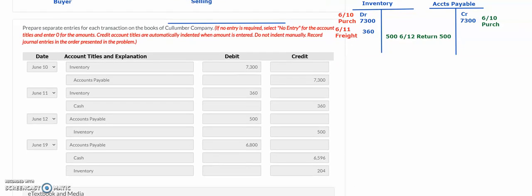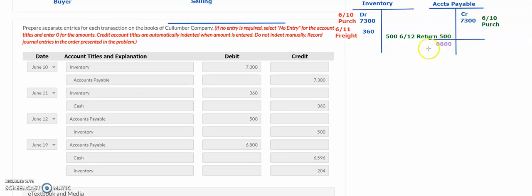All right. The first thing you want to note is how much is owed. On accounts payable, we can see that we have $7,300 minus $500. So what do we need to do to make this go down to zero? In order for your accounts payable to go down to zero, you would need to record a debit of $6,800 for making that payment.